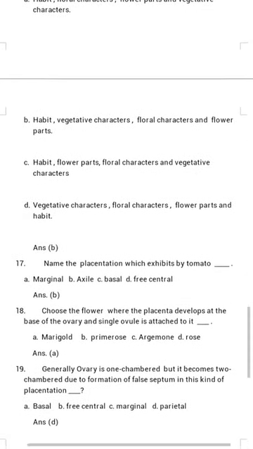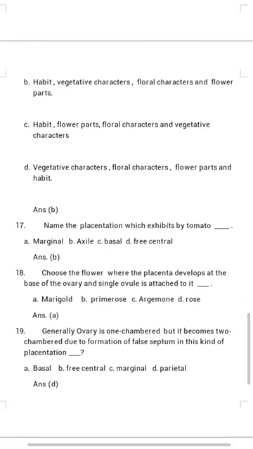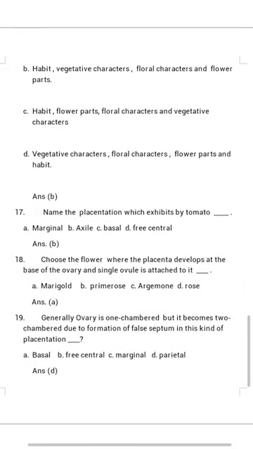According to the given options, first could be habit. Next, vegetative characters. What are the vegetative characters? Like root, stem, leaves, etc. Next, floral characters. Next, flower parts, and so on.